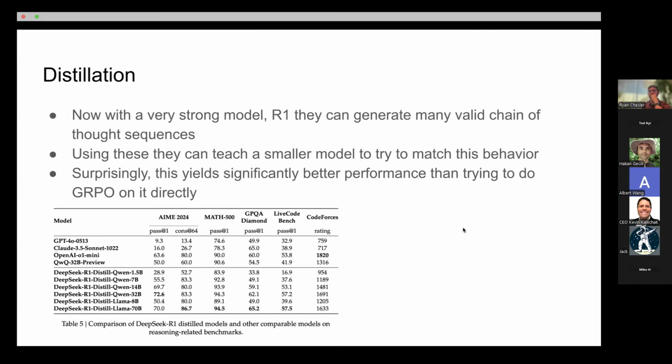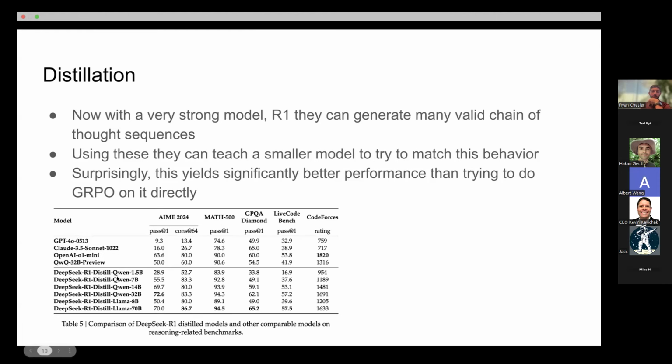And then they said, basically, now we have this huge data set, just train the smaller models on it directly. Don't even do reinforcement learning, no GRPO, just train it to mimic the bigger model. And they were able to create significantly better models than they could if they tried to do that reinforcement learning process on the small model to start.